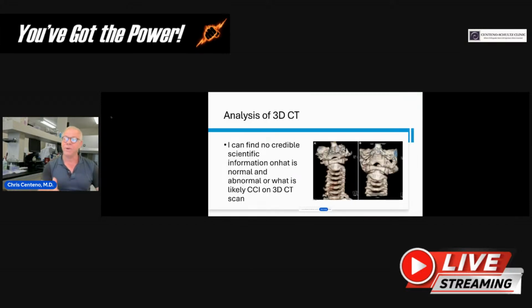A really popular one I see now is analysis of CT scans that are 3D. A lot of Europeans get this, but I can find no credible scientific information on what's normal and abnormal and what's likely CCI on 3D CT scans. So I've seen these analyses. They're very pretty to look at.